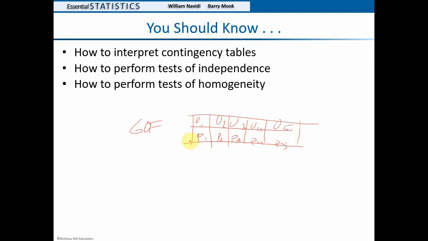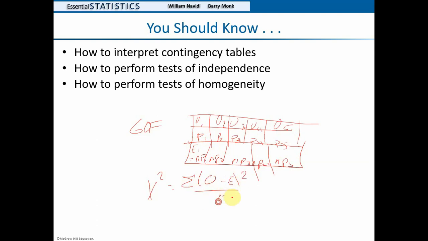I could specify, but now I'm basing each one of the expected, E1 equals np1, np2, np3, np4, np5. So I get this, and now the chi-squared, this was for the goodness of fit. The very same formula, observed minus expected squared over the expected. Add up all of these differences.